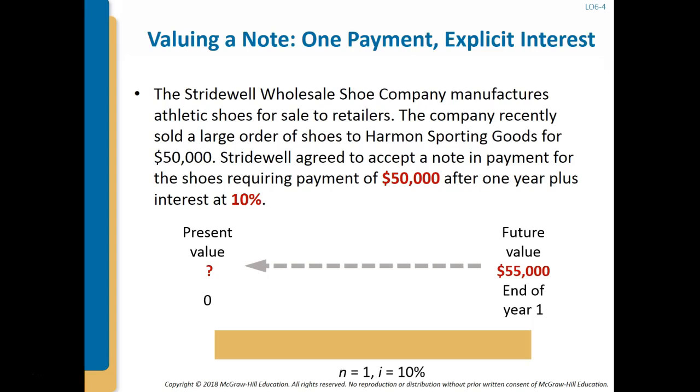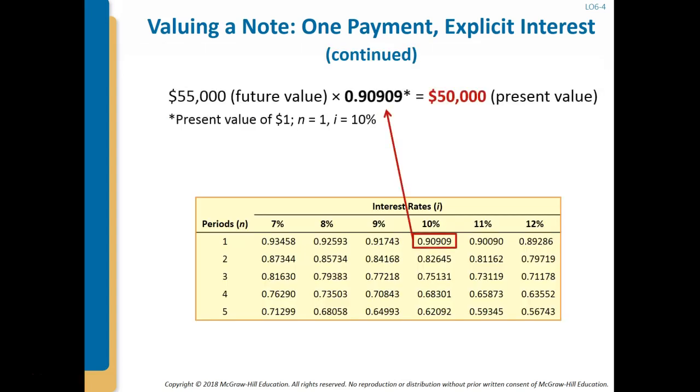It's important to note here that this amount is always also equal to the present value of future cash flows at 10%. Future cash flows equal $55,000, which is the $50,000 note payable plus the $5,000 of interest. So the $55,000 future value times 0.90909 equals $50,000 present value.